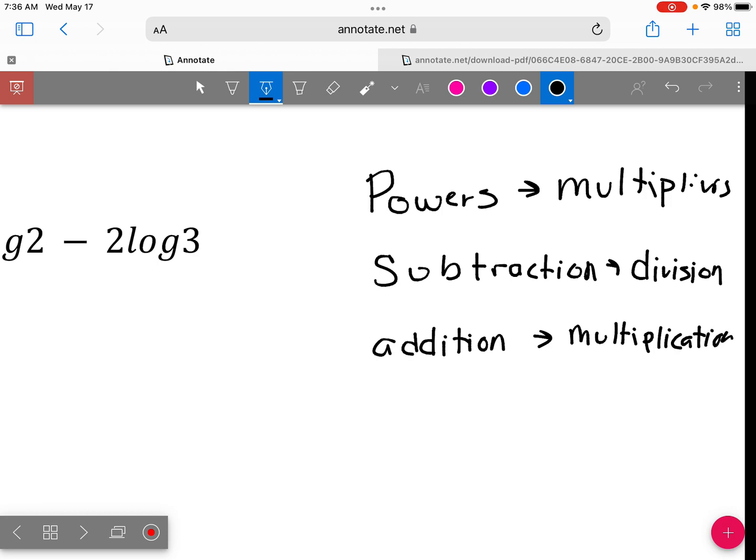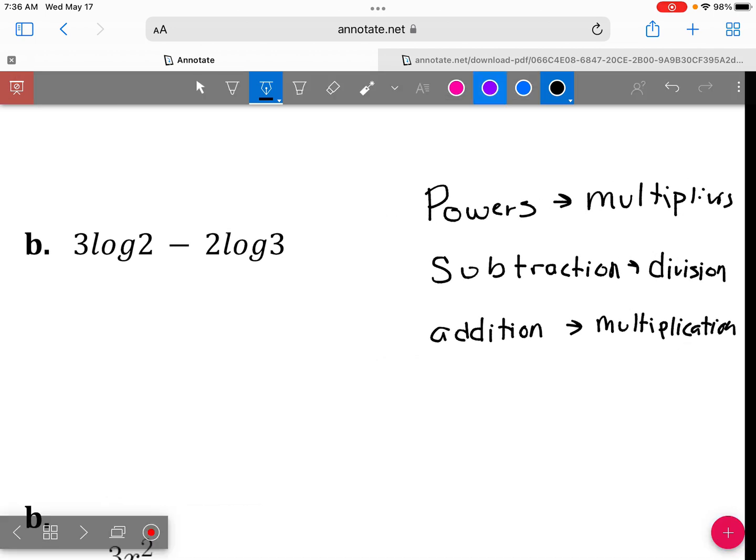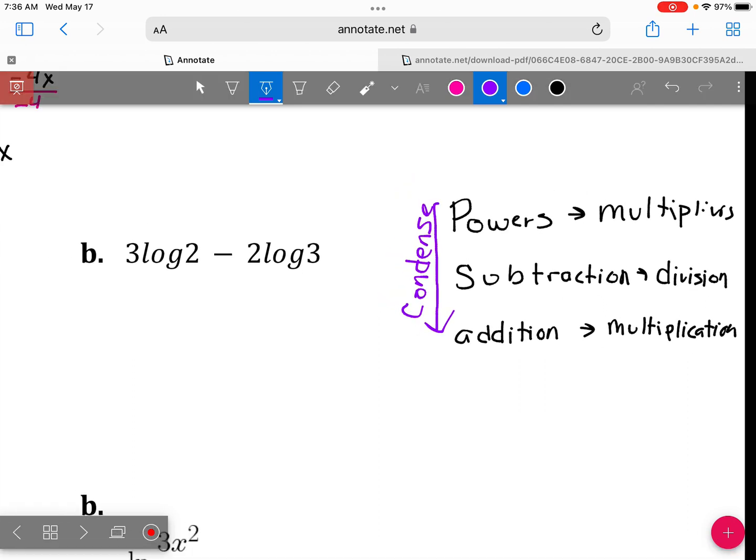You can also, instead of the word multipliers, put coefficients. And so when we condense, we go this way, and when we expand, we go that way.